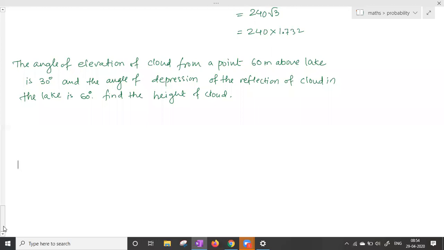It is the point of observation, the person who is looking, not on the ground level, not exactly on the lake. So it's a similar condition as he is on the balcony of a house which is 60 meter above the lake. And from that, he is seeing the cloud, which is above the lake, at an angle of elevation of 30 degree. And in the lake, he is seeing its reflection. That reflection's angle of depression is 60 degree.